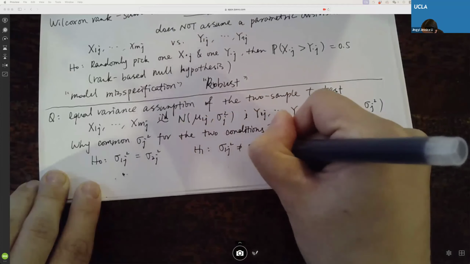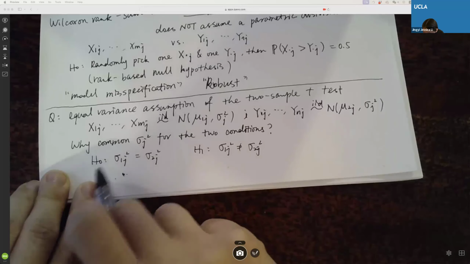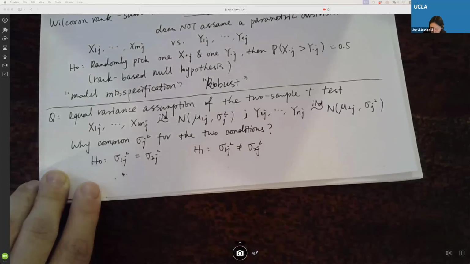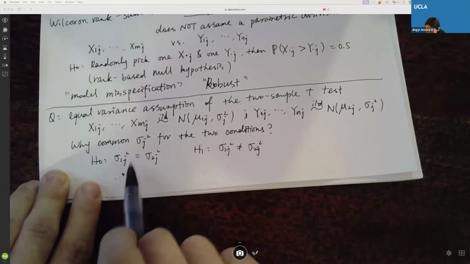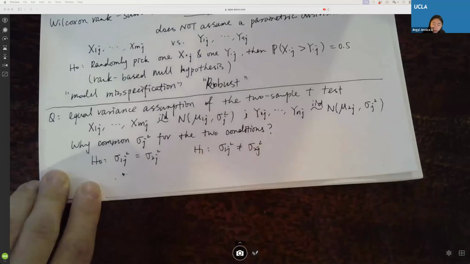If I reject this null hypothesis, then probably this t-test assumption is problematic. You could ask this question. And so in this case, we would have the F-test to tackle this problem.